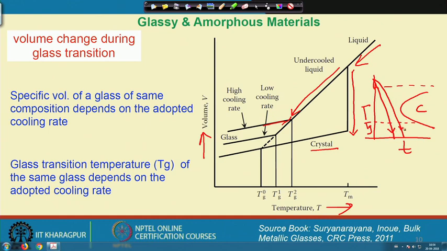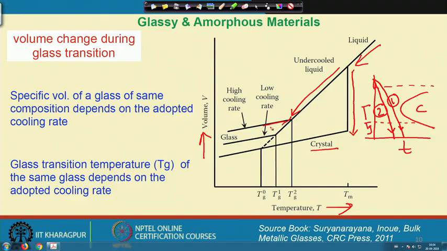So, this is case 1 and case 2. Definitely the cooling rate in case 1 is lower than the cooling rate in case 2. So, in both the cases, do you think that the glass transition temperature should be the same? Yes, unfortunately it is not.